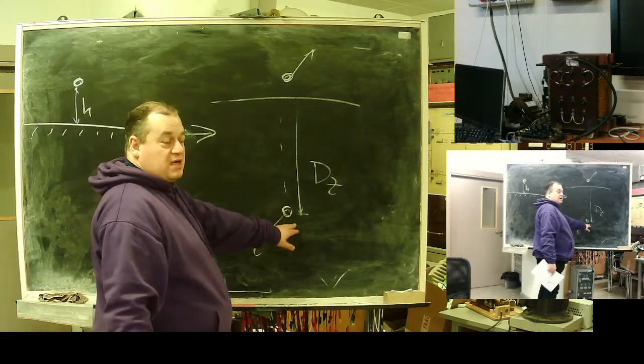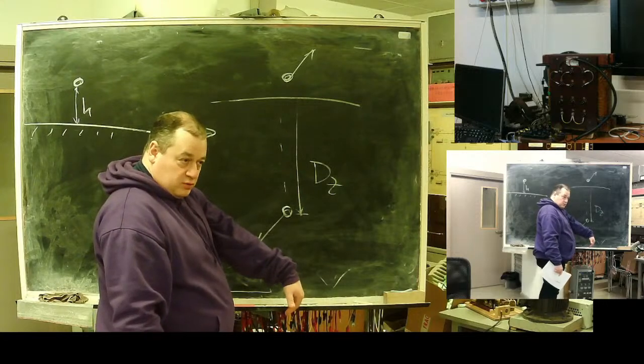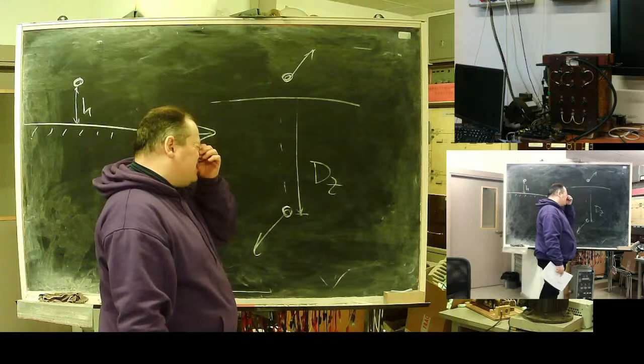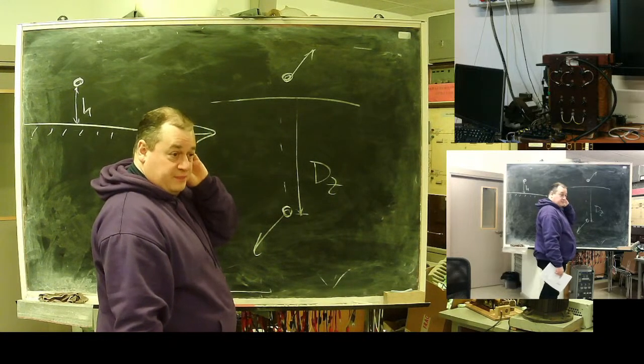This equivalent current return is deep in the ground, and this value is known as the equivalent current return depth.